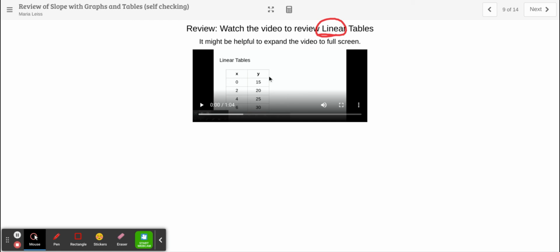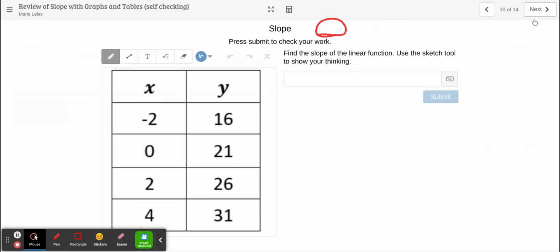This video right here will remind you how to find slope from a linear table. I'll do a quick refresher. We did this on Wednesday. You might have done it yesterday in the Math Excel. Find the slope of the linear function.